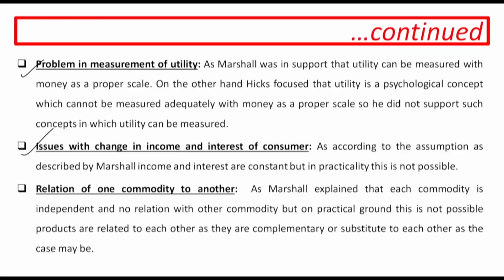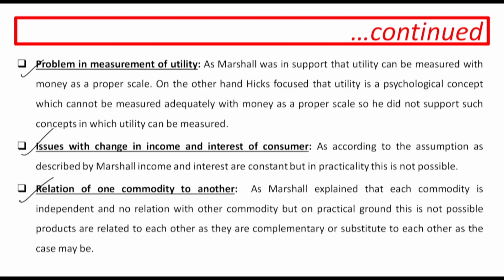Relation of one commodity with the other commodity. This law assumes that a commodity is independent and has no relationship with other commodities, because there is no substitute available for it. But in reality, there are only two things: either there will be a substitute good, or there will be a complementary good.